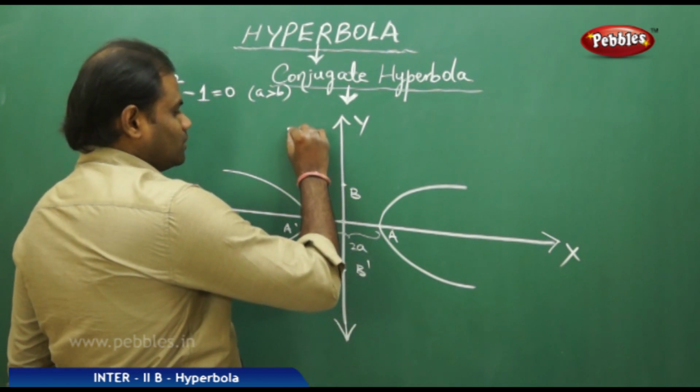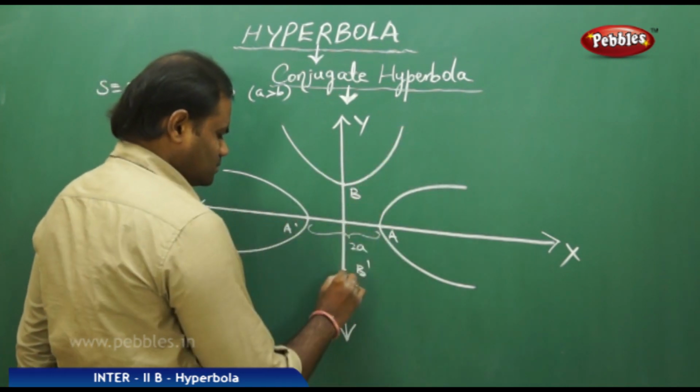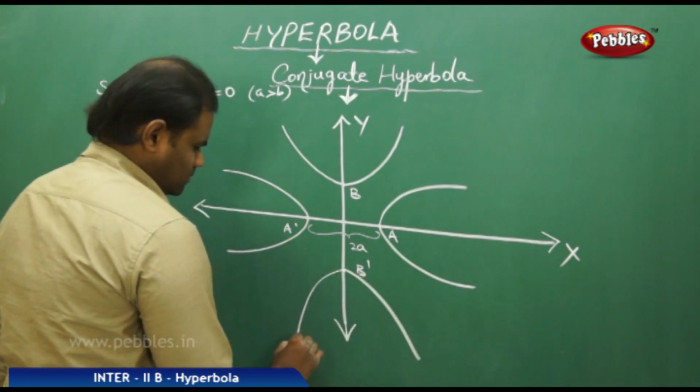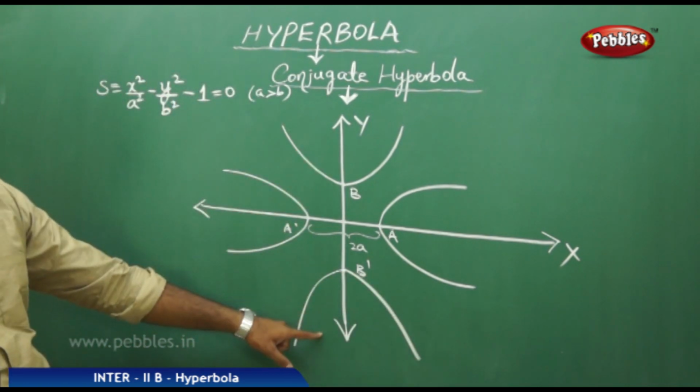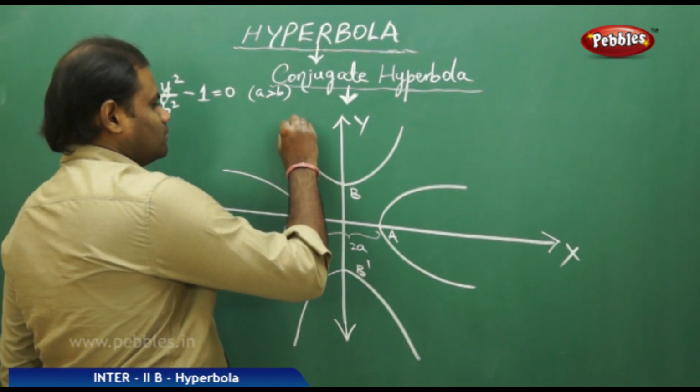So if I draw a hyperbola passing through this and passing through this, it is called the conjugate hyperbola of this.